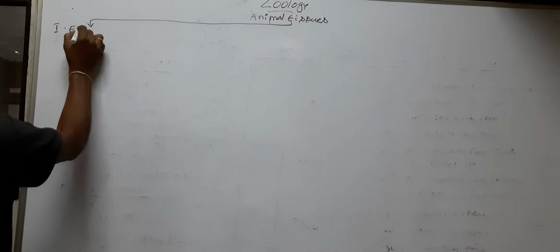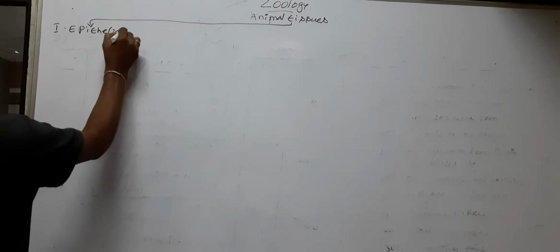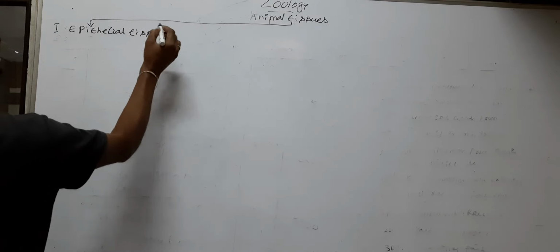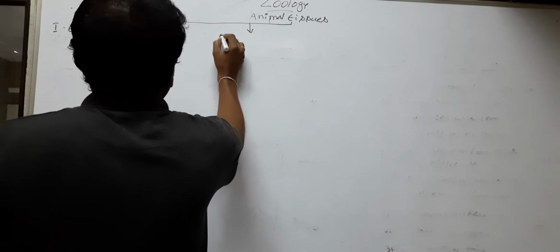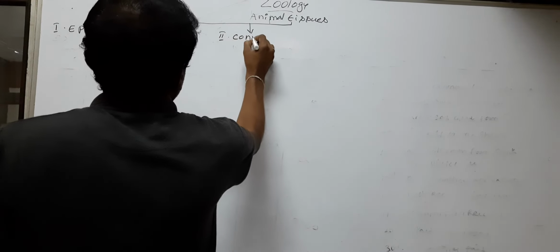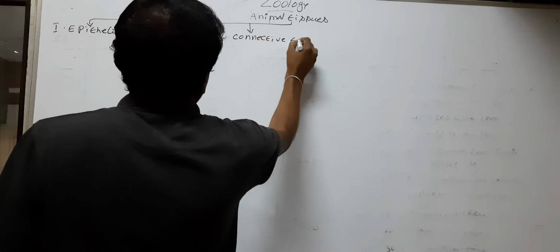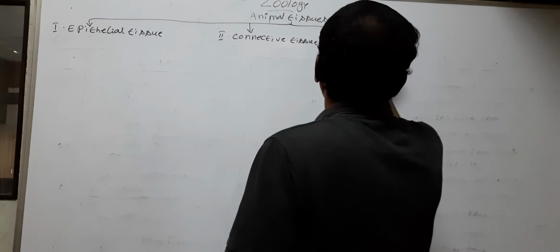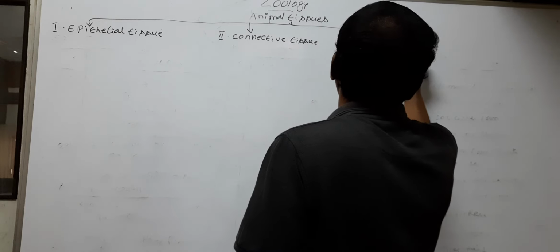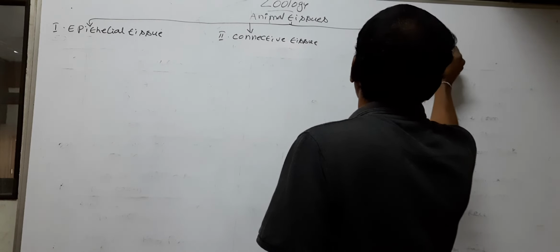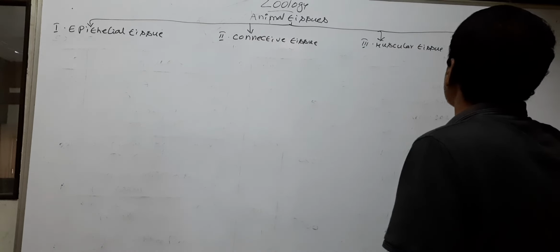Animals possess four types of tissues: epithelial tissue, connective tissue, muscular tissue, and nervous tissue.